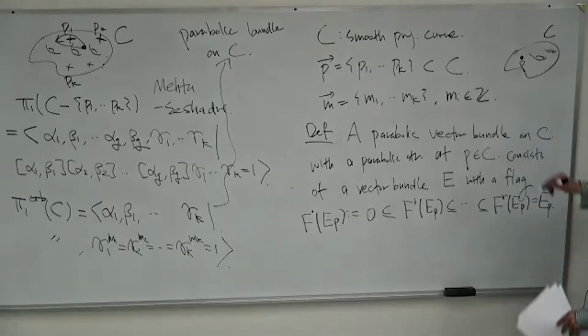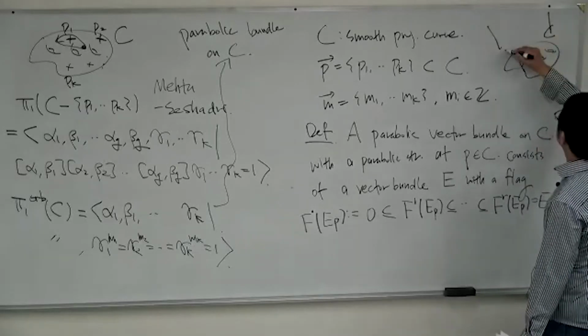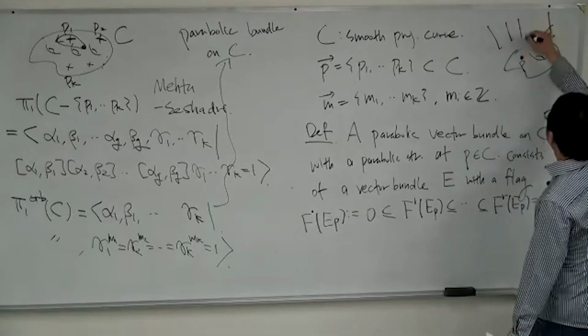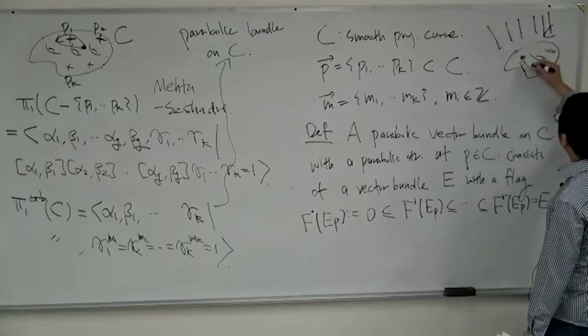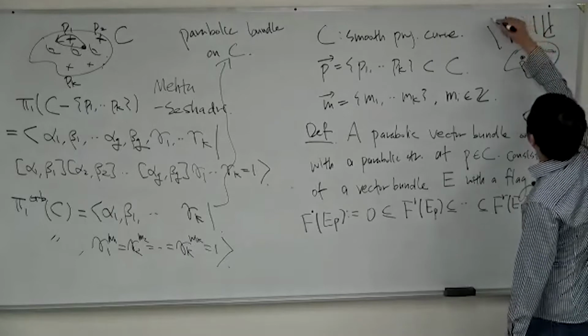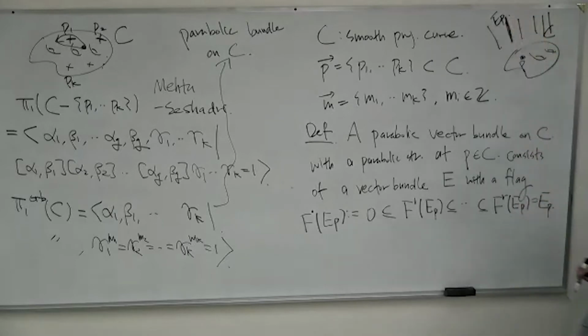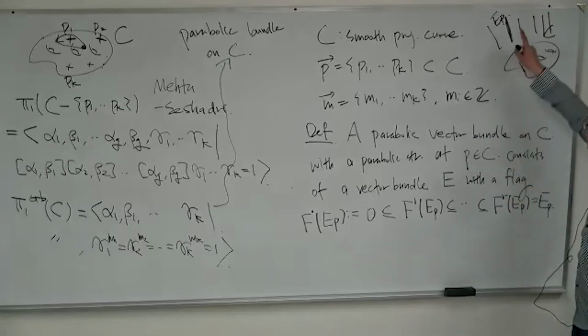So I consider a vector bundle on this Riemann surface, and for each point I choose this E_p, and there is some flag on this vector space.